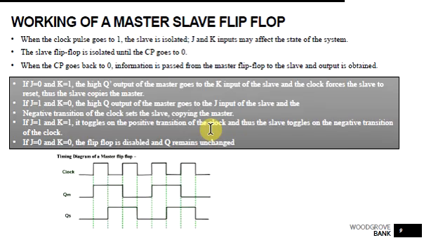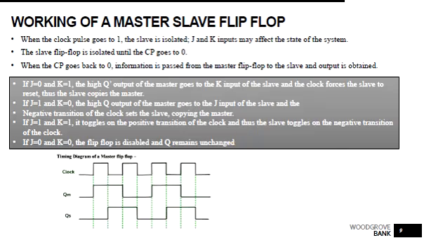If J is equal to 1 and K is equal to 1, that was the critical one. When both inputs are high, the master toggles on the positive transition of the clock, and the slave toggles on the negative transition of the clock. So the slave output will be toggled only during the negative transition.